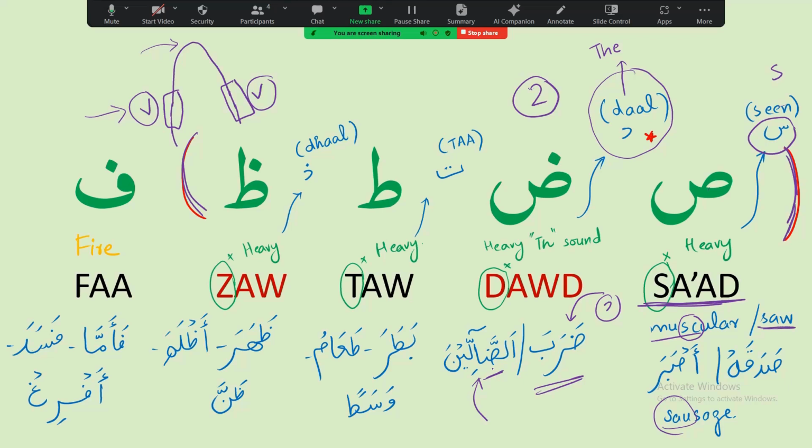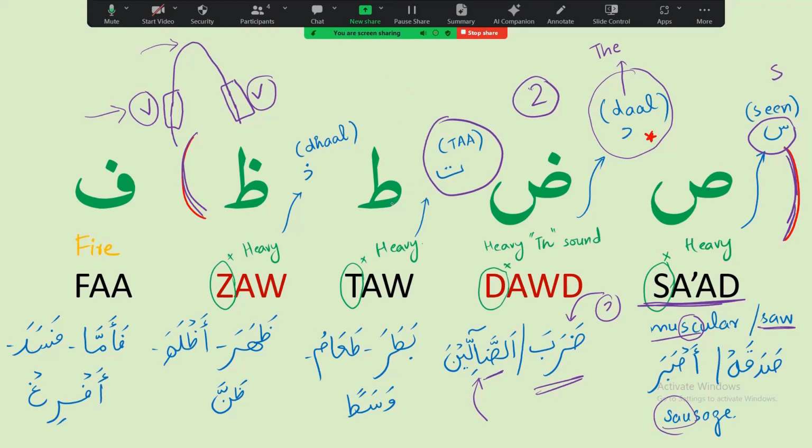Any query? Any difficulty? The next letter for today is again a heavy letter, which is the ta letter. Sisters, we have already covered the letter ta. The tip of the tongue touches the back part of your upper front teeth, and we say ta. But the letter for today is a heavy version of that ta.